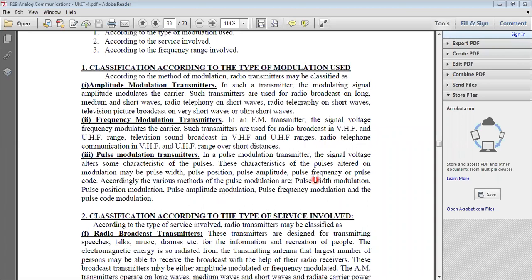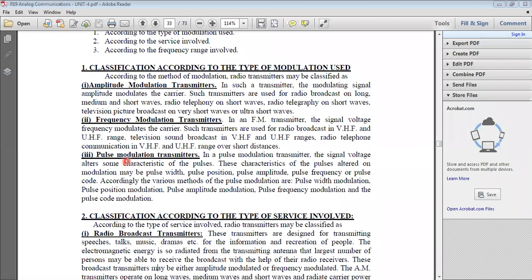If we change the pulse frequency, then it is called pulse frequency modulation, which is also called pulse code modulation.